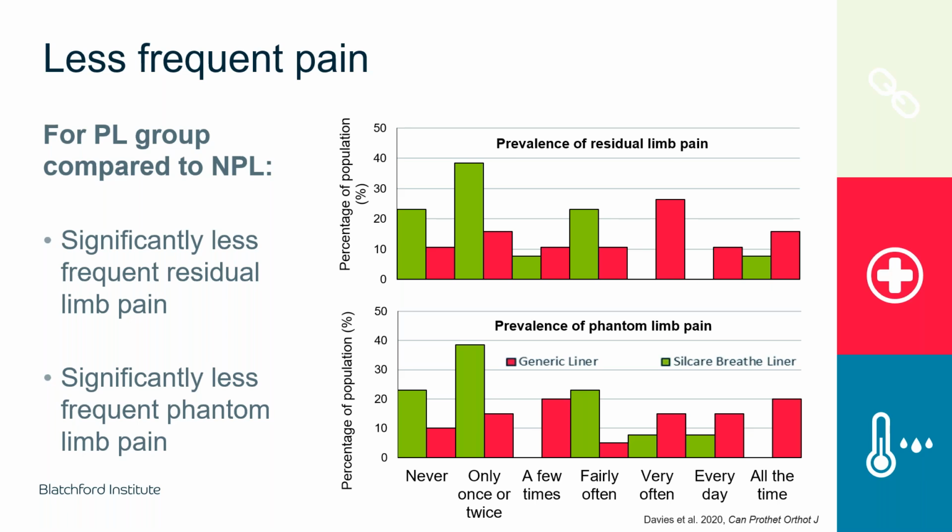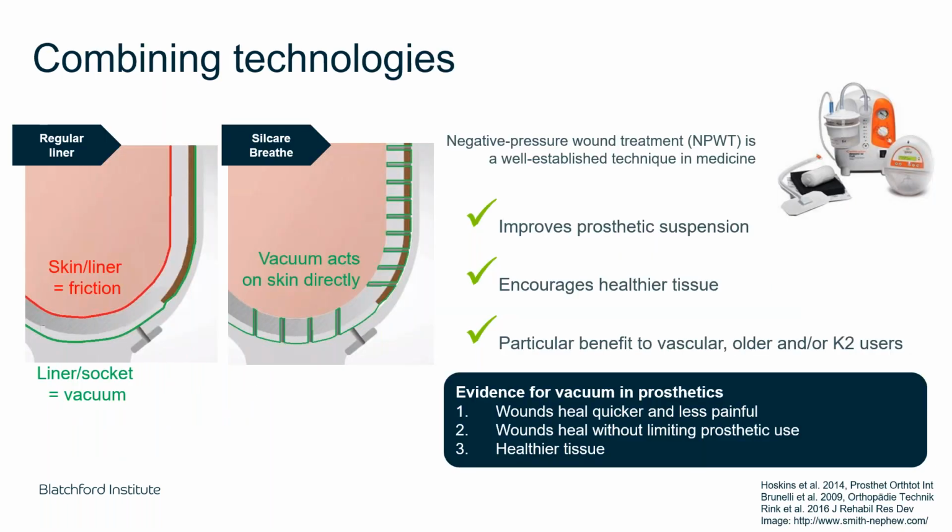You can see that the green bars, which are the perforated liner users, have a clear skew to the left, denoting that they experienced pain less often. In fact, patients reported significantly less frequent pain both in their residual limb and their phantom limb when using the perforated liner.